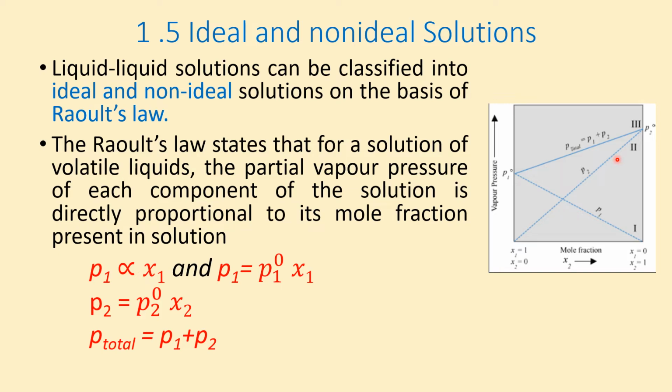The total vapor pressure is given by the line marked 3 in the figure. Mole fraction is plotted on the x-axis and vapor pressure on the y-axis. This we have already learned in section number 1.4.